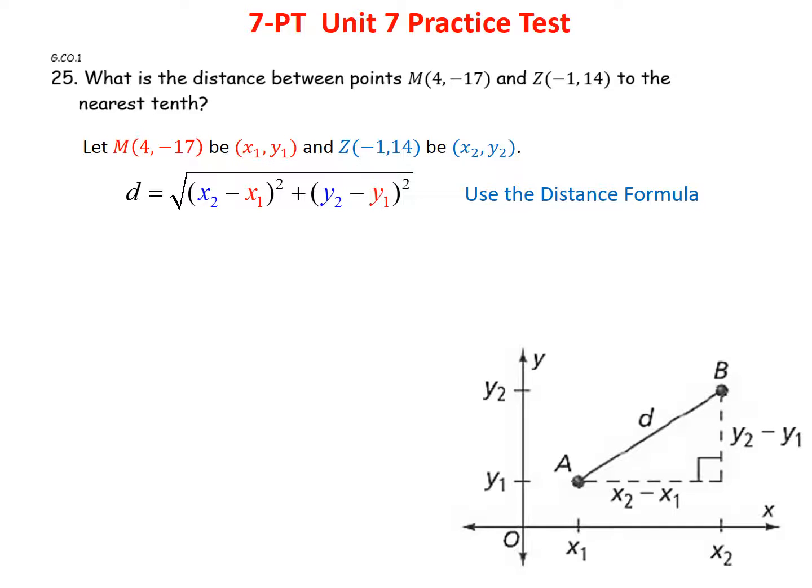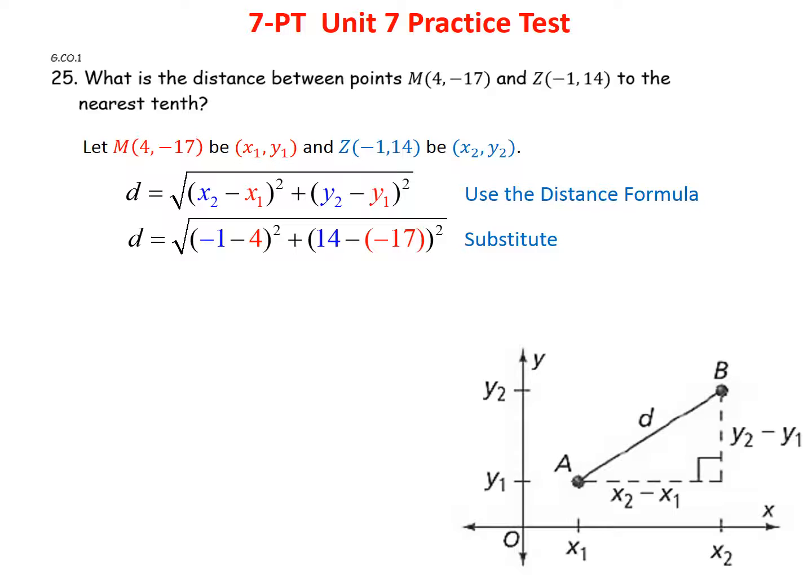Let's let negative 1, negative 17 be x1, y1, and 4, 14 be x2, y2. And if we plug them in, we get this. Now, the only tricky part in this problem is making sure, again, that you do the math right. Negative 1 minus 4 is going to be negative 5. But you have to remember again that 14 minus a negative 17, subtraction is the same as adding the opposite.